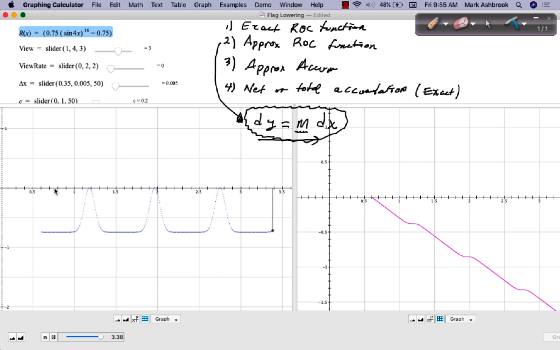And now look at your approximate accumulation function now. Right? Now it's close enough that we call it a day. Okay? Okay, so questions on this before we move on to the next example.